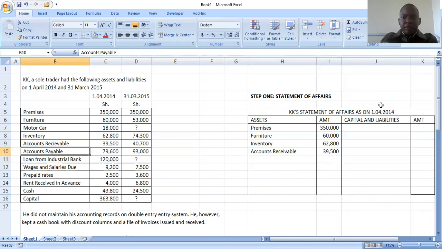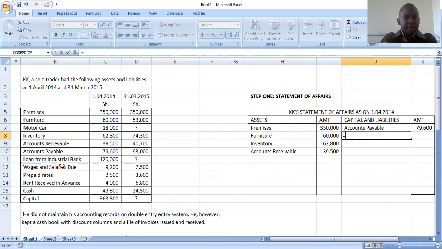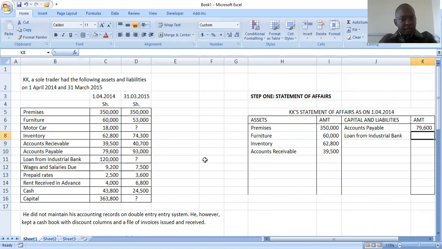Then we have accounts payable. Accounts payable is a liability, so you have it on the capital and liability side, and its amount is 79,600. Then you have loan from industrial bank. It's a liability, so you have it on the liability side, and its amount is 120,000 shillings.